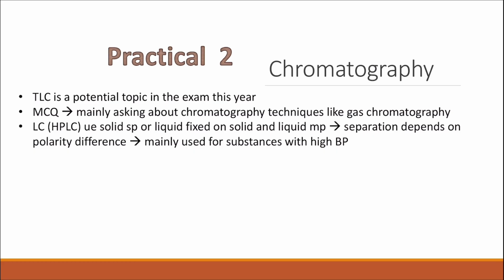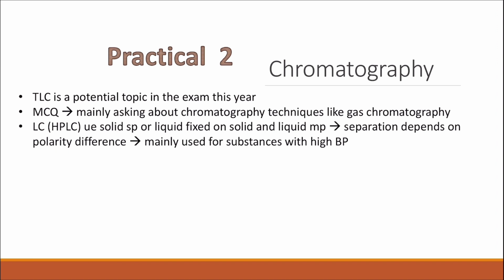For high performance liquid chromatography or liquid chromatography, we have a stationary phase and a mobile phase, and even for column chromatography, we have a stationary phase and a mobile phase. The stationary phase can either be a solid or a liquid that is fixed on a solid, and the mobile phase is always a liquid. The separation between the different components in the mixture will depend on the polarity difference.